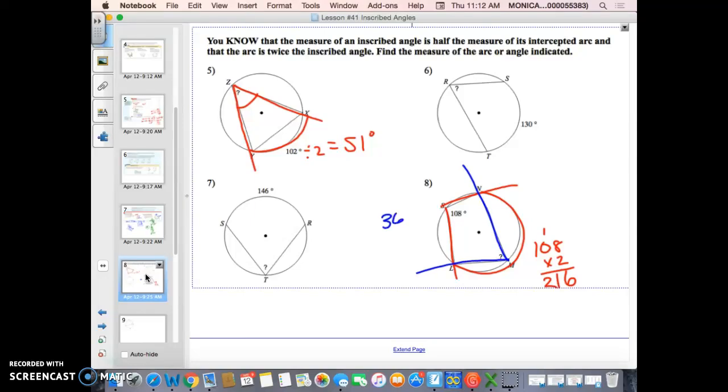So this would be 360 minus 216. Or you could see that they're supplementary. Okay, so this is 144. Okay, let's move forward.